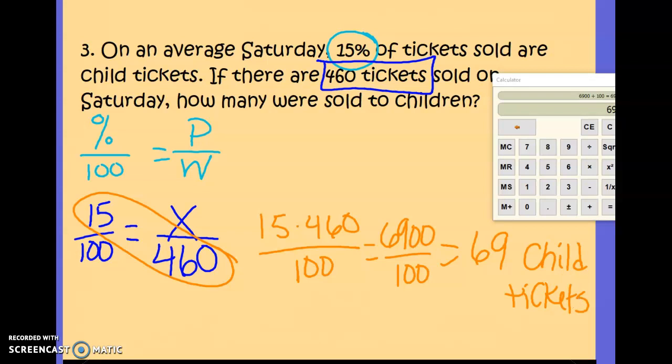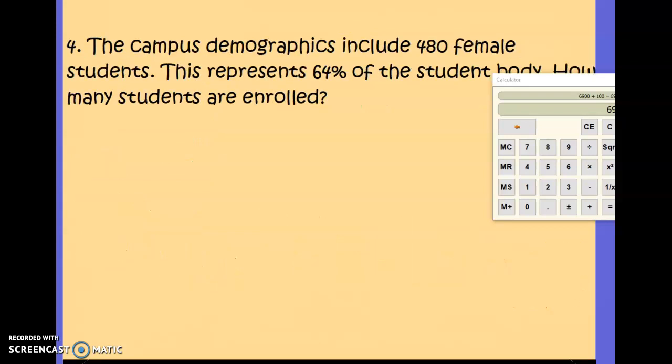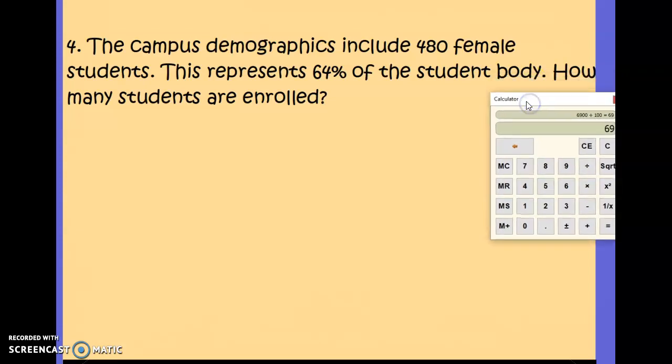All right. Here's our next example. The campus demographics include 480 female students. This represents 64% of the student body. How many students are enrolled? Again, let's remember we've got percent out of 100 equals part over whole. I'm going to plug these numbers in.